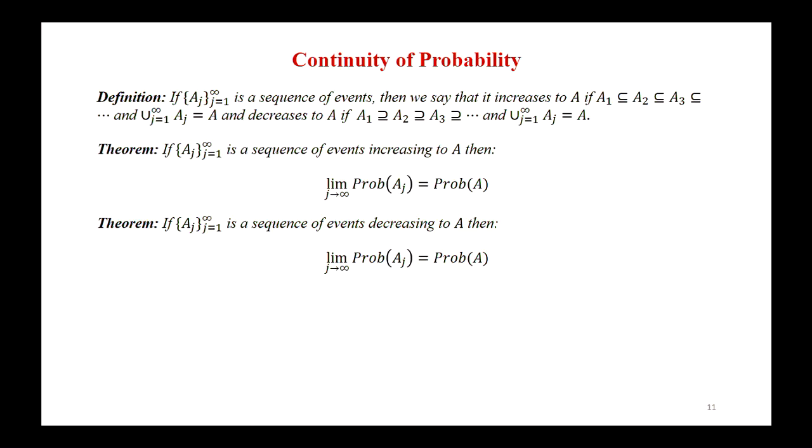So continuity of probability is a very important result. It looks at what happens in the limit for sequences of events. So first we begin with the definition.